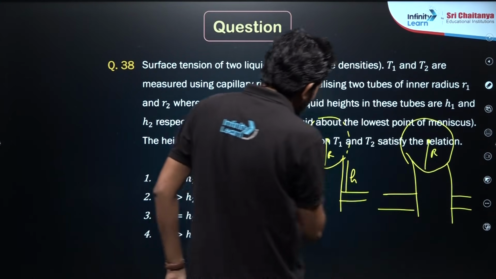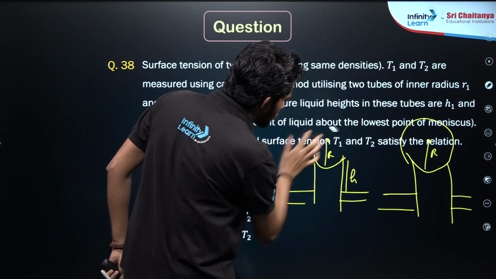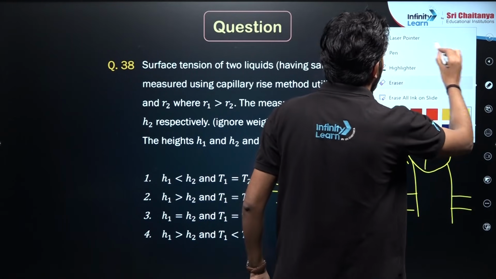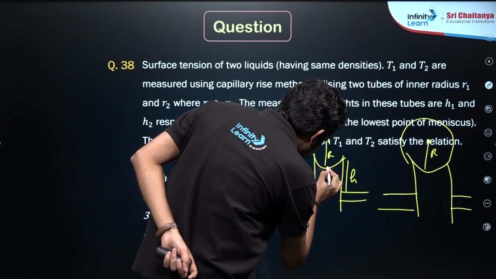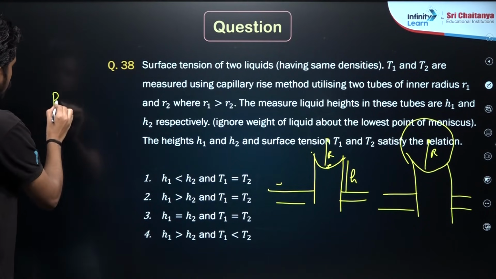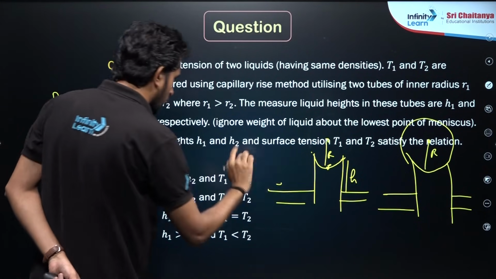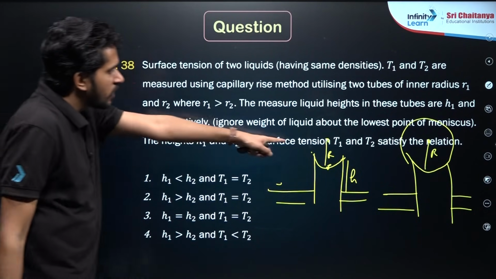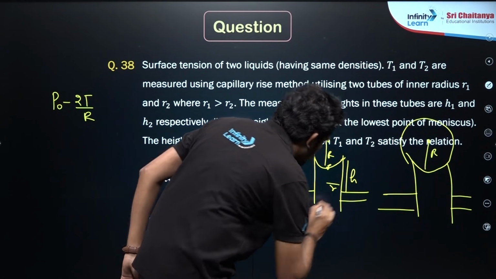See, this is not the case that this is spherical. This is open. Let's measure pressure here. So this pressure is what? At this point, P naught minus 2T by R, where capital R is the radius of that sphere, and the radius for the tube is small r.